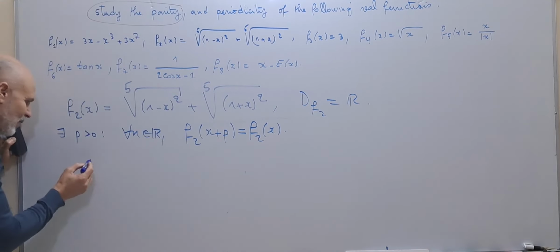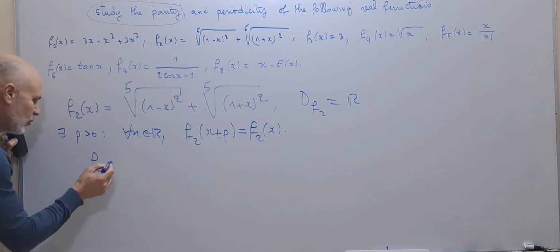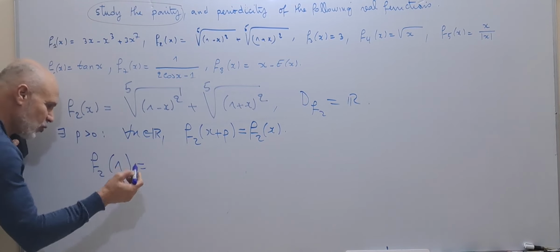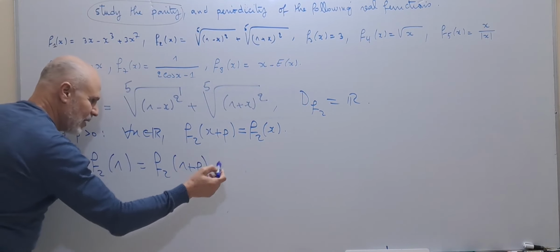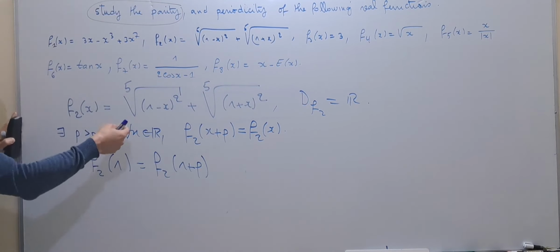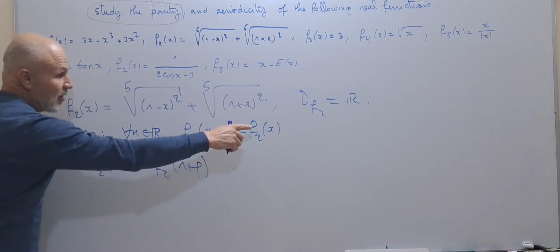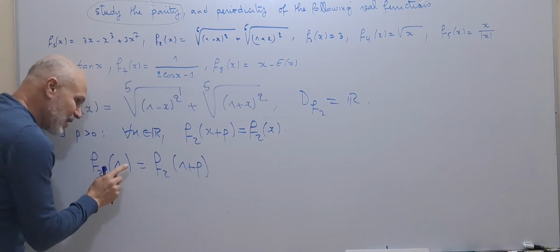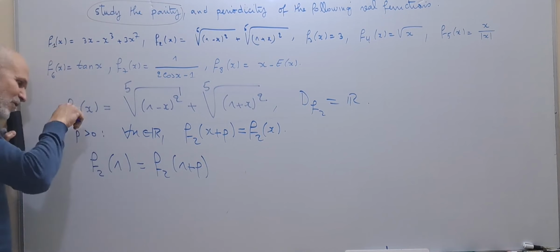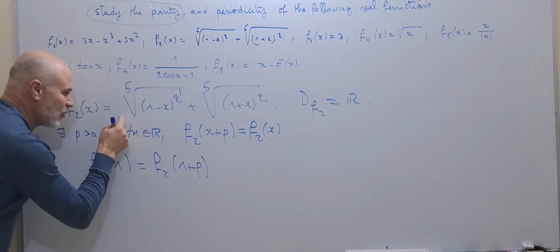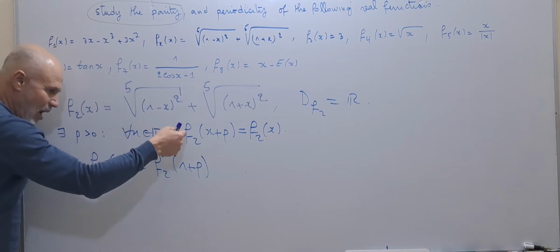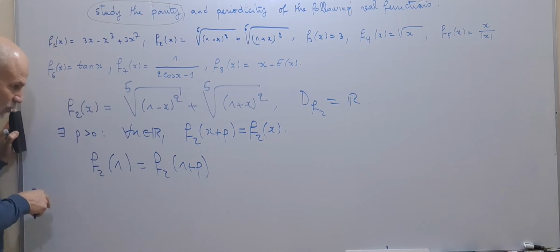We will get f2 of 1 equal to f2 of 1 plus p. Does such p exist? If this p exists such that this is verified, then it holds. If we cannot find p such that this is true, this means that we have no period for all x in R. This means that there is no period.